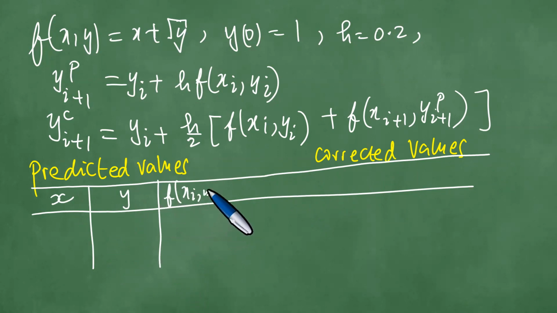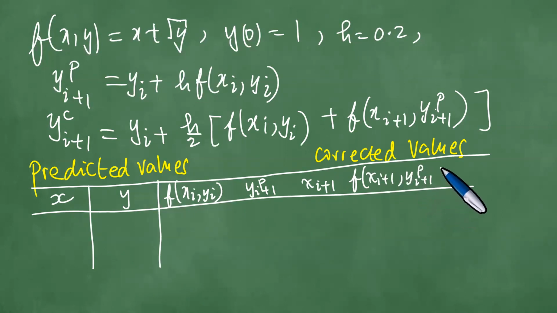Yes, xi, yi, yi plus 1 predictor, xi plus 1, f of xi plus 1, yi plus 1 predictor. Yup. So from the xi plus 1, we have corrected values, and then the rest before that are the predicted values.